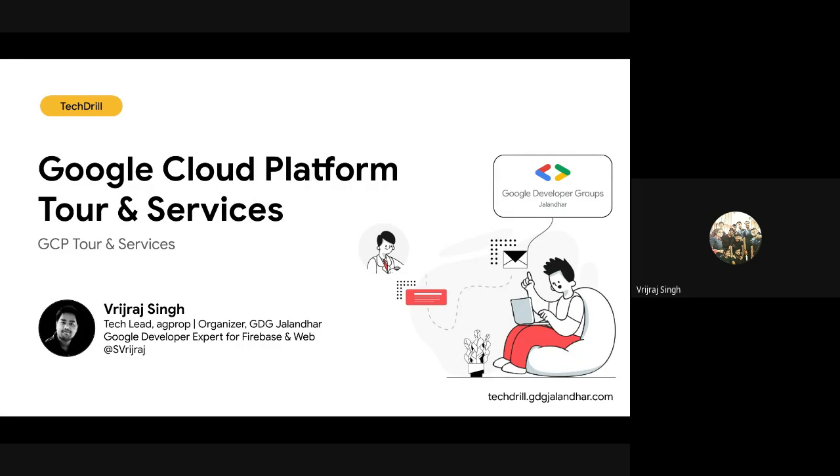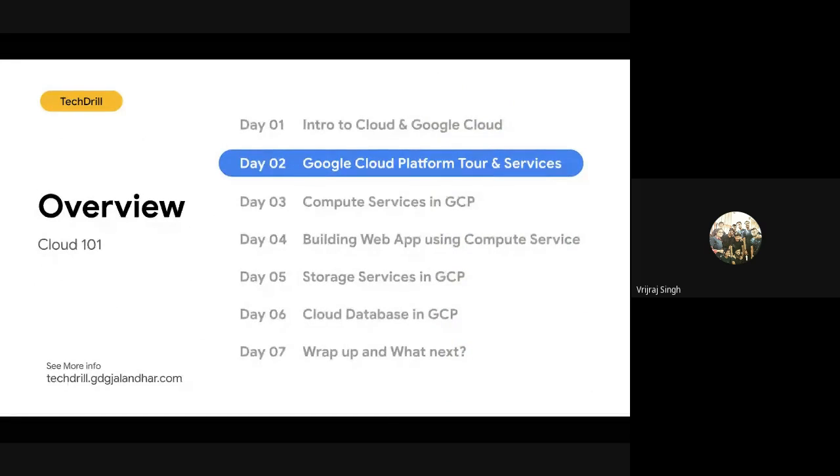And yesterday I talked about the cloud and cloud services: what is the cloud, how we as developers can access the cloud services, and what types of services, like platform as a service, infrastructure as a service, or software as a service, you can build solutions on over the cloud.